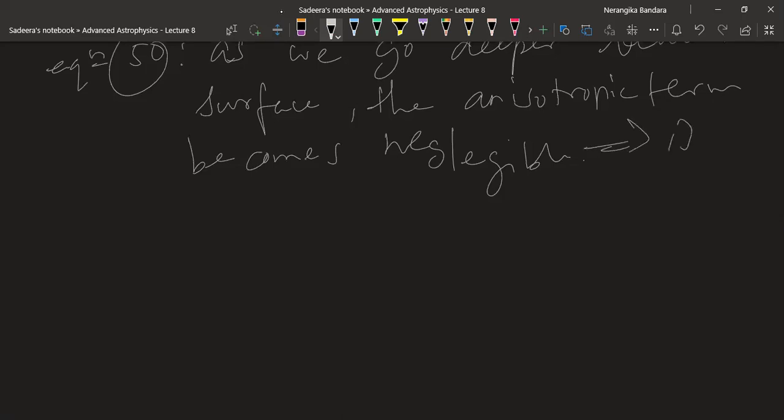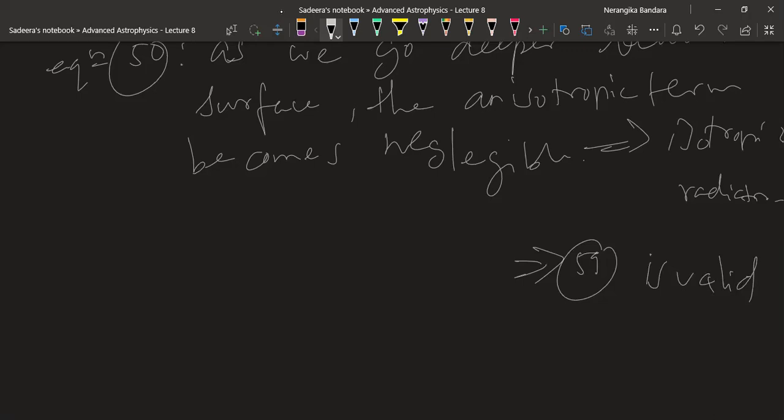And this implies that you're going to have isotropic radiation. So in this case, equation 59 is valid. From equation number 50, we have isotropic radiation deep below the surface, so we can use equation number 59.